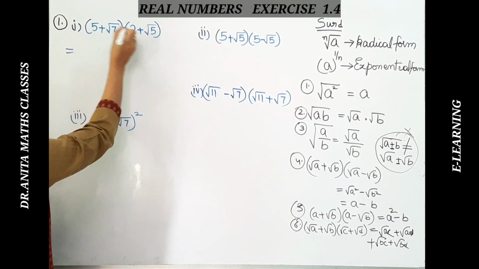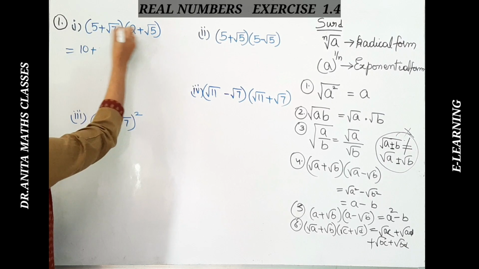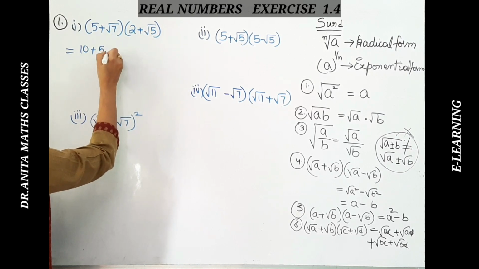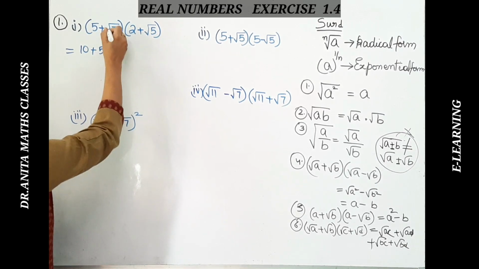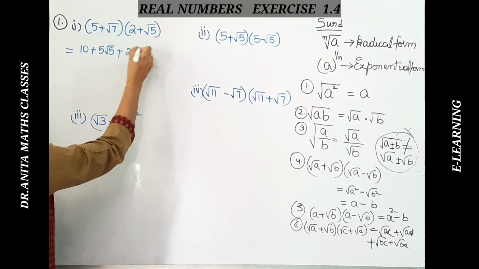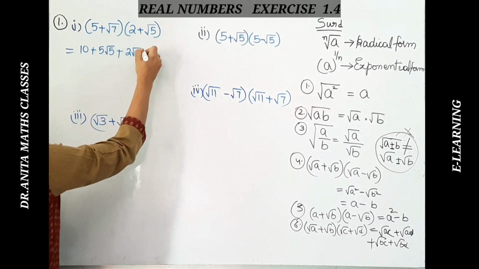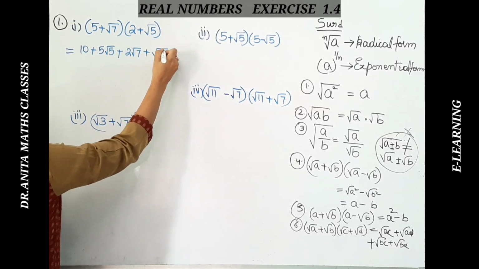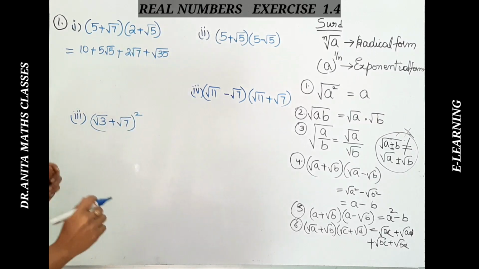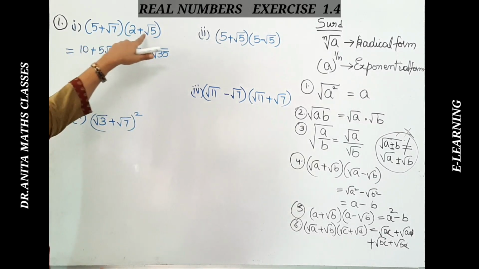So this becomes 5 into 2 is 10, plus 5 into root 5, that is 5 root 5, plus this into this, that is 2 root 7. Yes, and this into this becomes square root of 35. See here what I have done: square root of 7 into square root of 5.